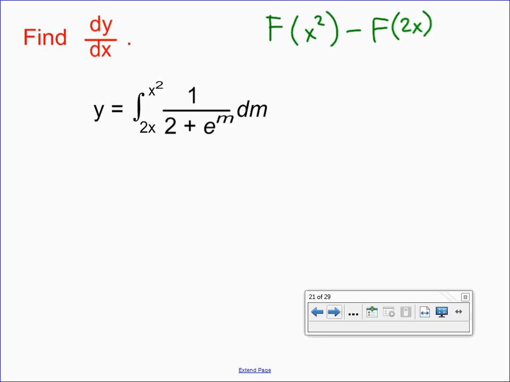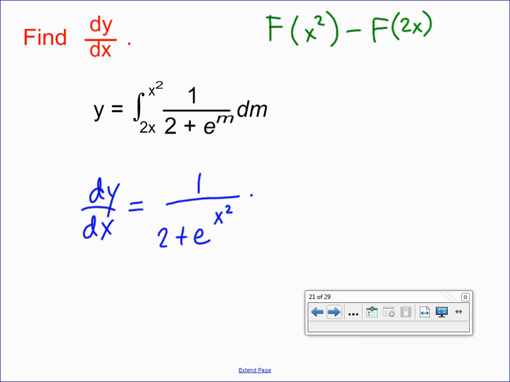Well, because this is a sum or difference, I can simply go term by term and apply the chain rule. The derivative of big F of x squared, a composite function, would be little f evaluated at x squared, then times the derivative of the inner function. So this derivative of big F would be the integrand function, but evaluated at my upper limit.